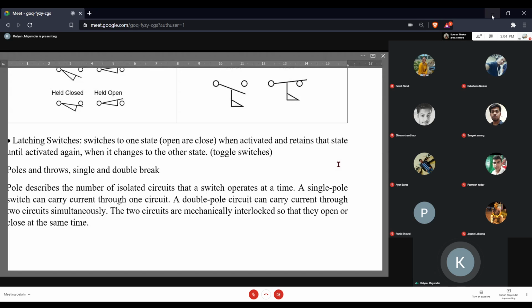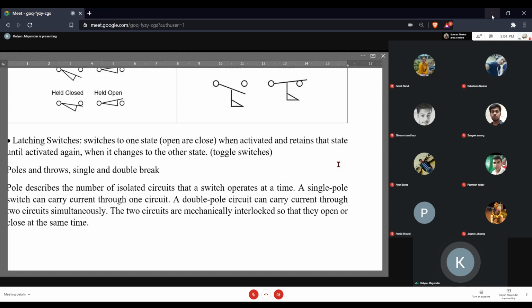Either both the circuits are open or both the circuits are closed. They're mechanically interconnected, but electrically isolated. So you have two poles means you can make or break two independent electrical circuits. You've got three poles, that means you can make or break three independent circuits. So how many poles actually determines how many independent electrical circuits can be made or broken. So that is what is a pole.